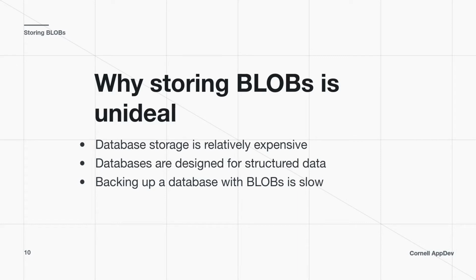You can't join on a blob because a blob, as far as the database is concerned, isn't really anything. The database knows nothing about the concept of what an image is. How would it check a condition of an image? It doesn't know. And then also, because blobs tend to be large, we're putting in big images and stuff like that, backing up your database becomes slow because you suddenly have a lot more data than you did before to shuffle around.